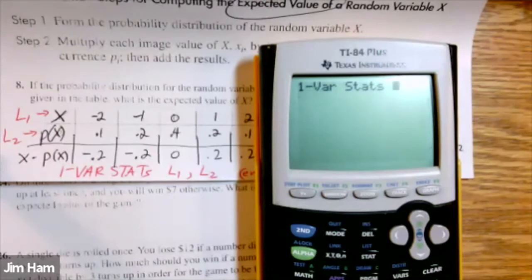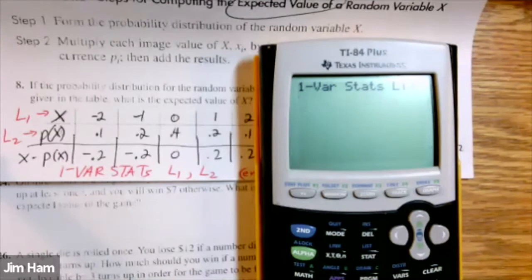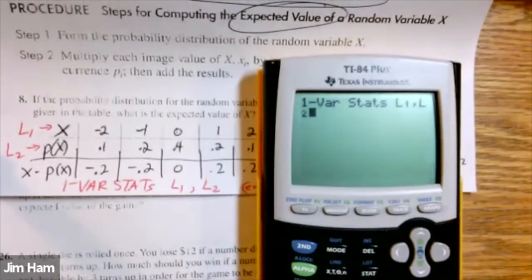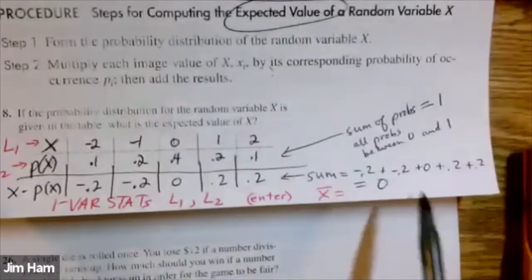If you have one of the newer calculators, then the X list will be L1 and the frequency list will be L2, even though it's not really a frequency. Then just hit enter. Notice that the X bar it reports there is 0. That's the number you want to identify. Expected value, 0.